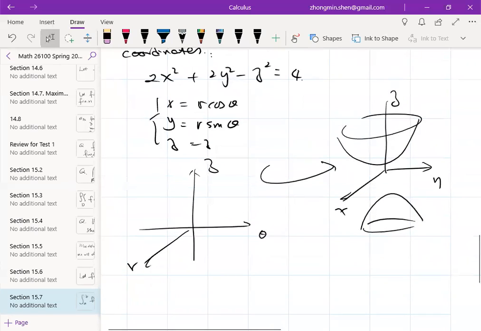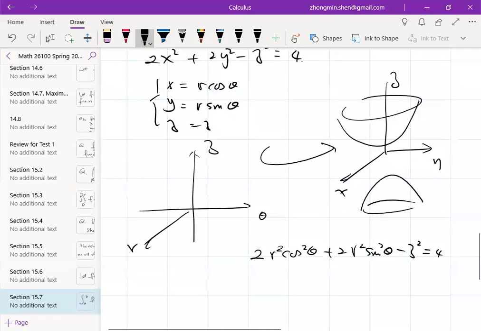So you just plug them into the above equation. You get 2r squared cosine squared theta plus 2r squared sine squared theta minus z squared equals 4. After simplifying, you get 2r squared minus z squared equals 4.